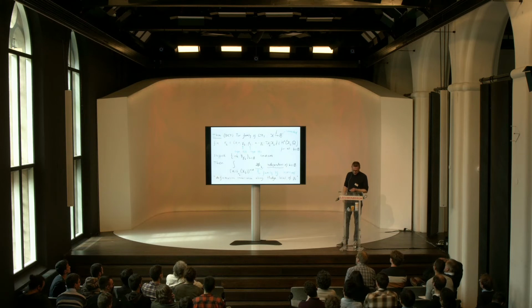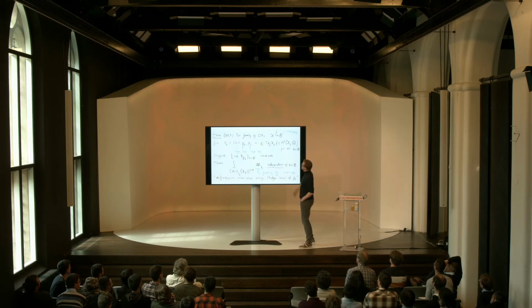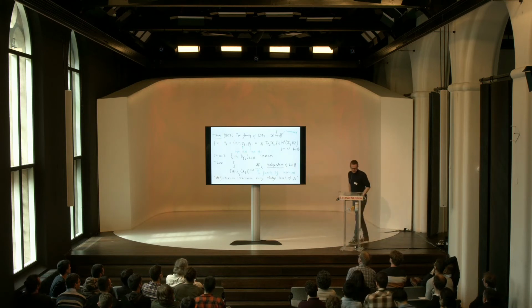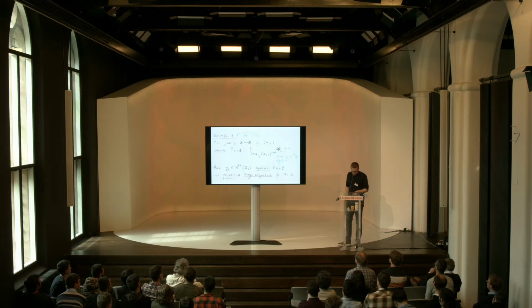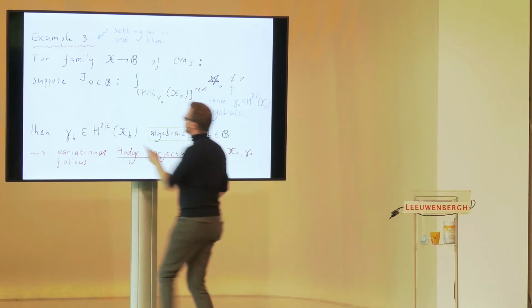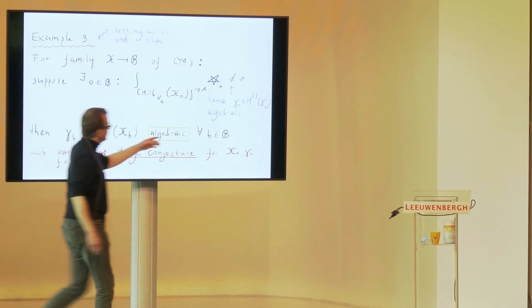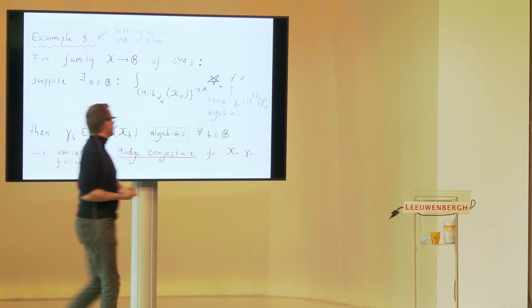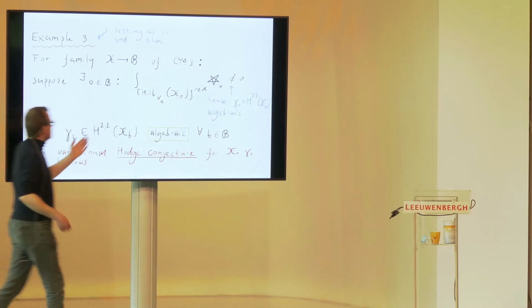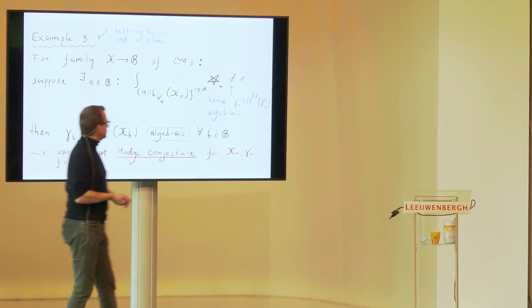Okay, so now let's say we're in the setting of this family of Calabi-Yau fourfolds over a smooth base. Then the third example is the following observation. Namely, if you happen to have some point in your base where your invariant is non-zero, then this must mean that the moduli space is non-zero.